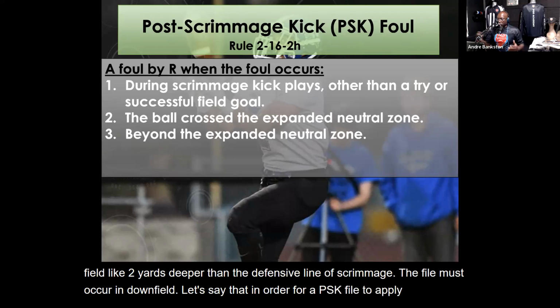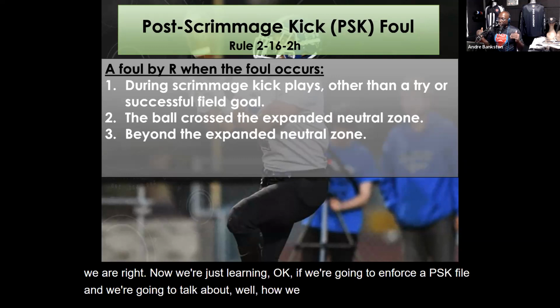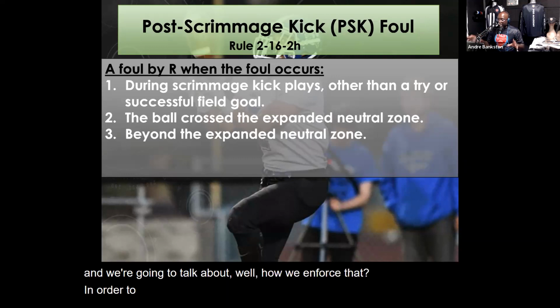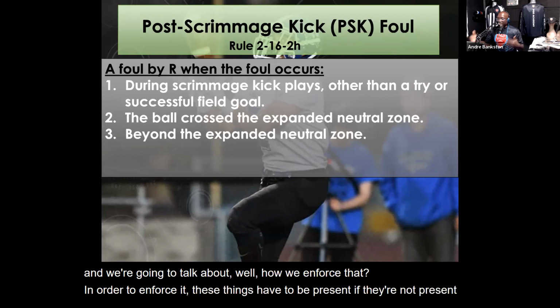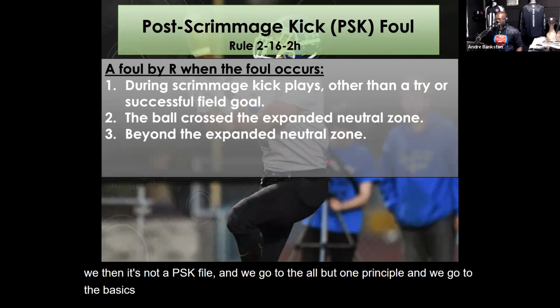All right, so right now we're just learning, if we're going to enforce a PSK foul, and we're going to talk about how we enforce that, these things have to be present. If they're not present, then it's not a PSK foul, and we go to the all but one principle, and we go to the basic spot for a loose ball and a basic spot for a run.